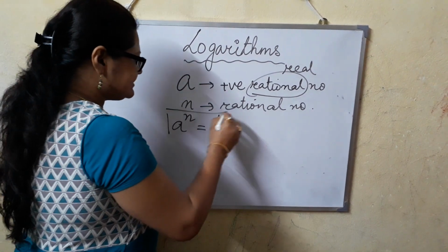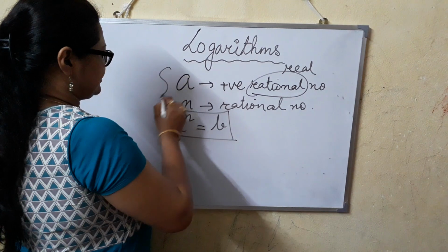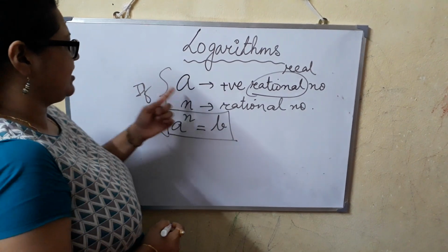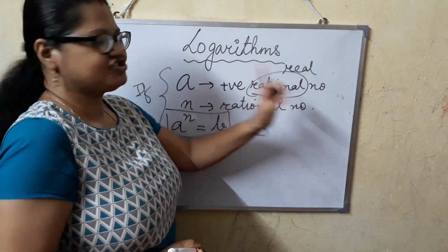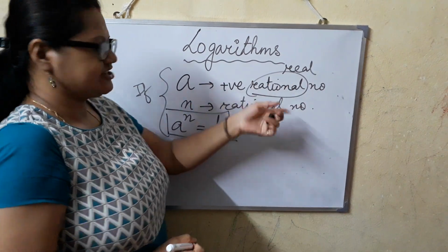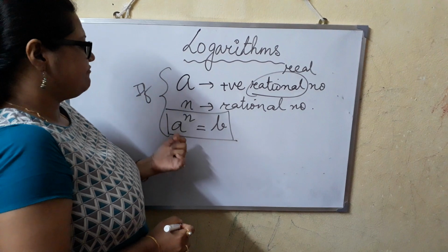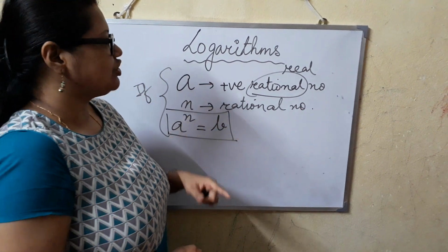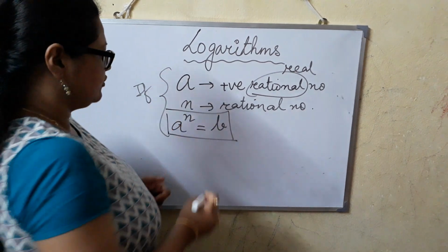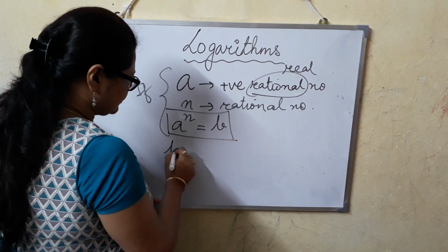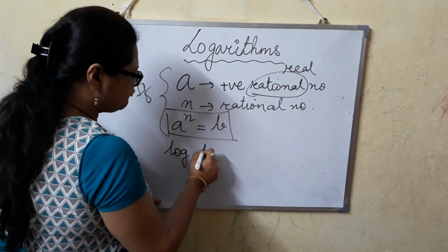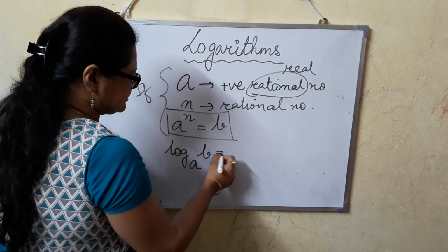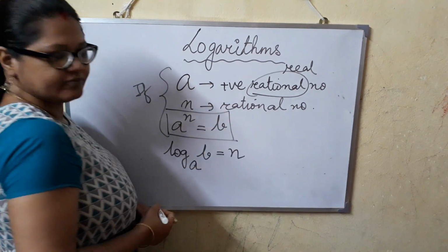If this is the case, that means if a is a positive real number, n is a rational number, and if a to the power of n is equal to b, then when we use the operator logarithms or log, we can write log of b to the base a is equal to n.